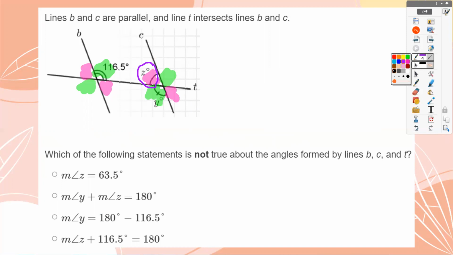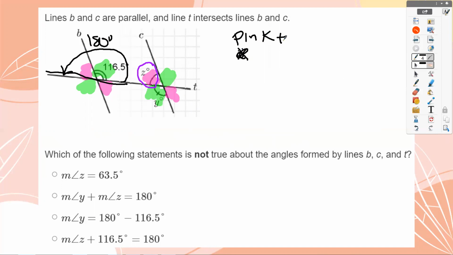If I took this number 116.5 and that pink one together, it equals 180. All I have to do is say pink plus 116.5 equals 180, and then subtract 116.5 from 180.